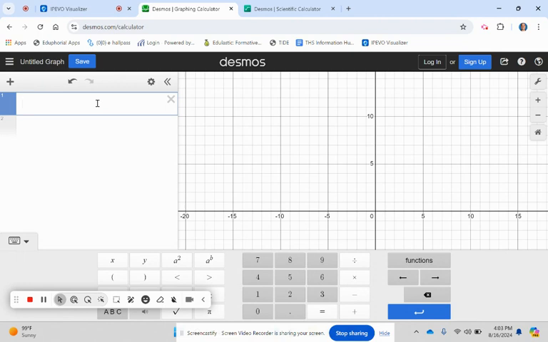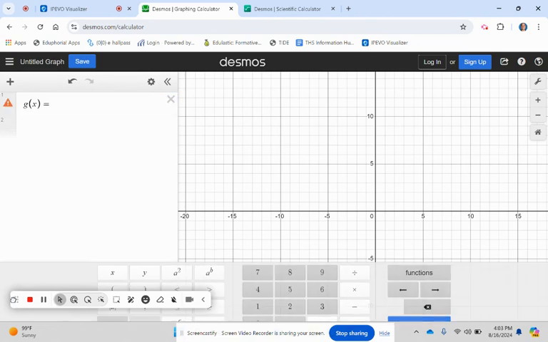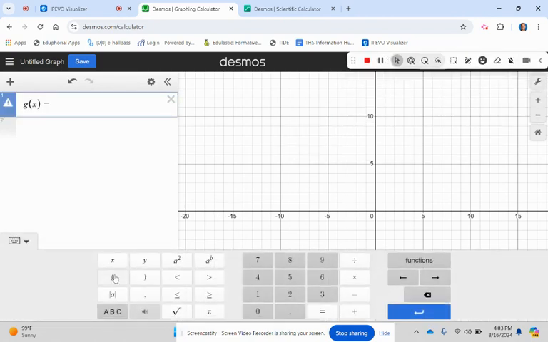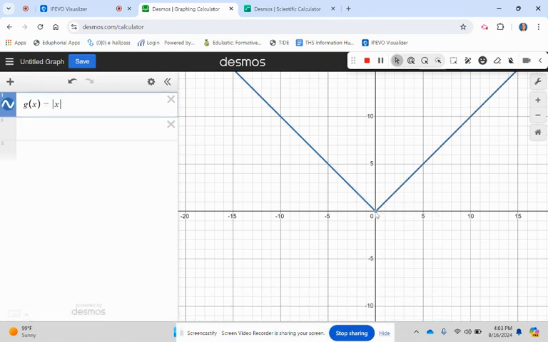So we have g of x equals absolute value of x. Let's get some points. There you go. So let's graph those points.